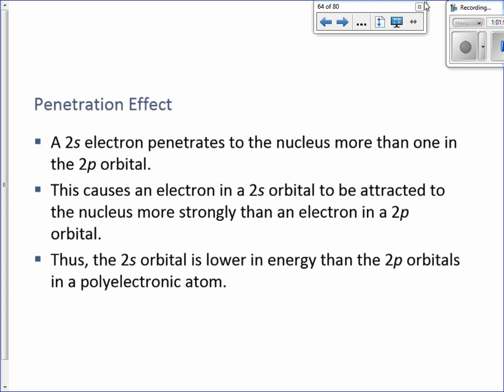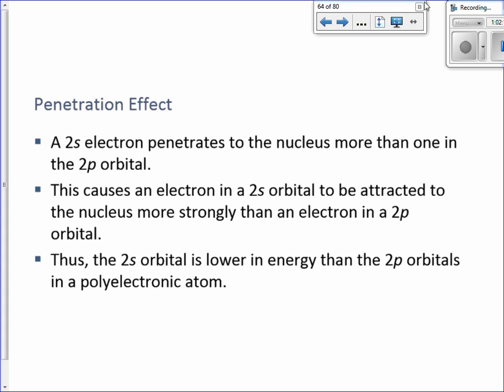And that makes it have lower energy if it's closer to the nucleus. So the 2s orbital is lower in energy than the 2p because it's simply attracted more to the positively charged nucleus. And that's what creates this stair-step case in the Aufbau diagram.